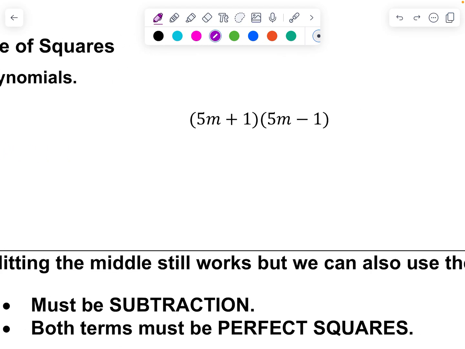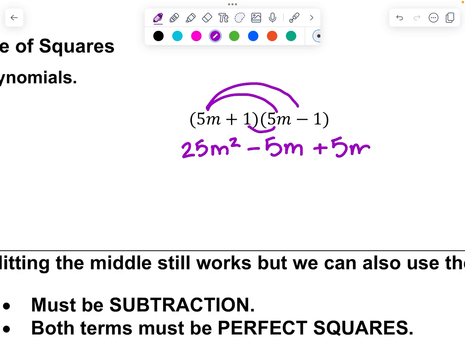Another one here, I want to distribute 5m minus 1 times 5m plus 1. 5 times 5 is 25, m times m is m squared. 5m times 1, positive 5m. Negative 1 times 5m, negative 5m. And negative 1 times 1, negative 1. I'm going to go ahead and combine my like terms here.